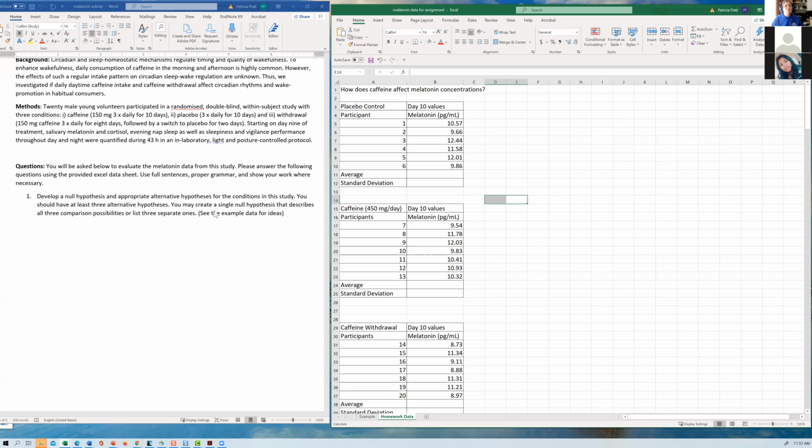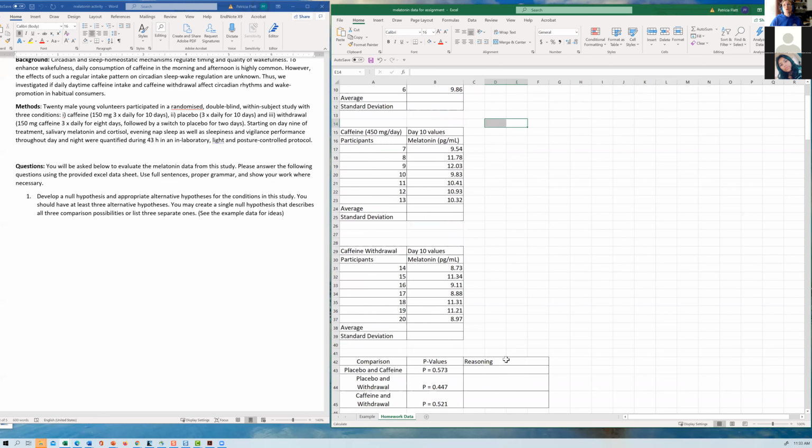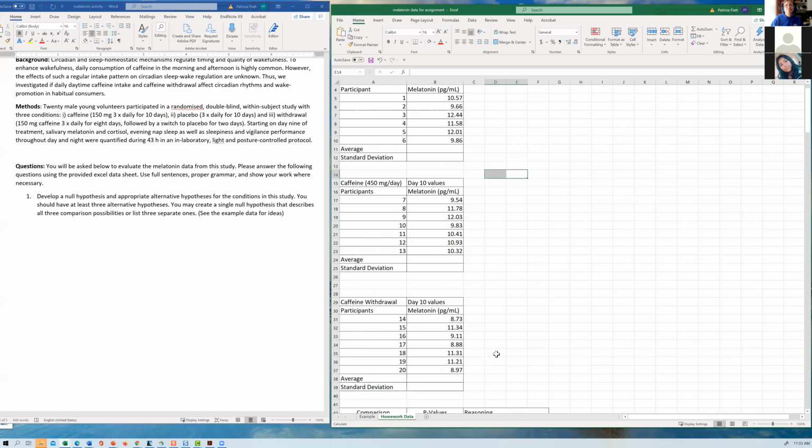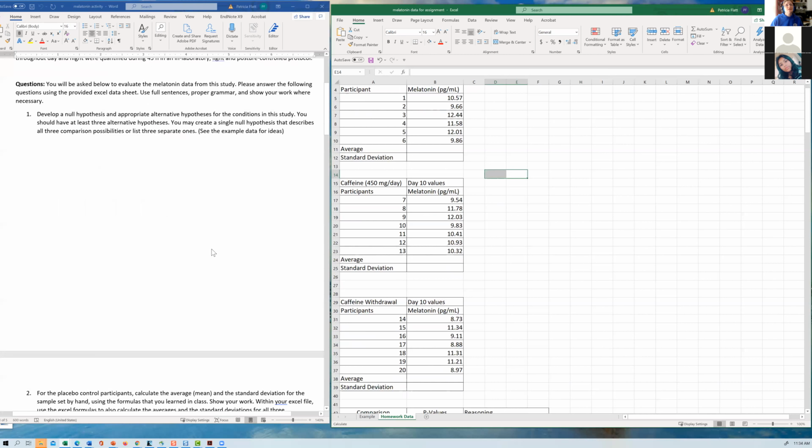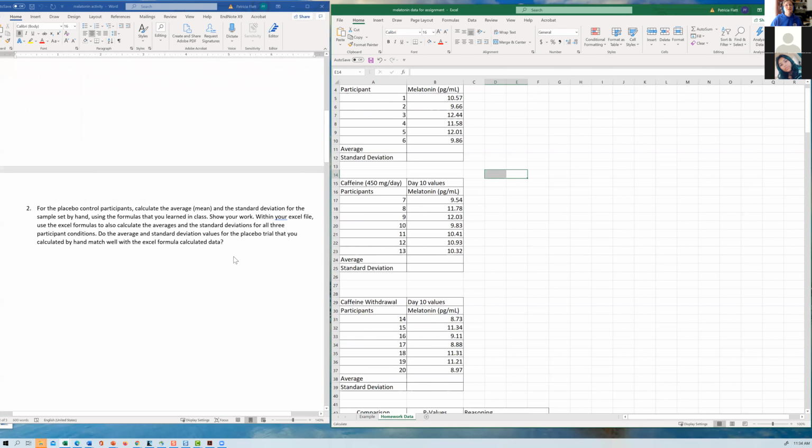But you should develop your 3 alternative hypotheses for the comparison variables. You could compare the placebo with the caffeine, the placebo with the caffeine withdrawal, and the caffeine with the caffeine withdrawal. You can make all of these different comparisons and make hypotheses for what you think is going to happen. Okay, so that's the first part.